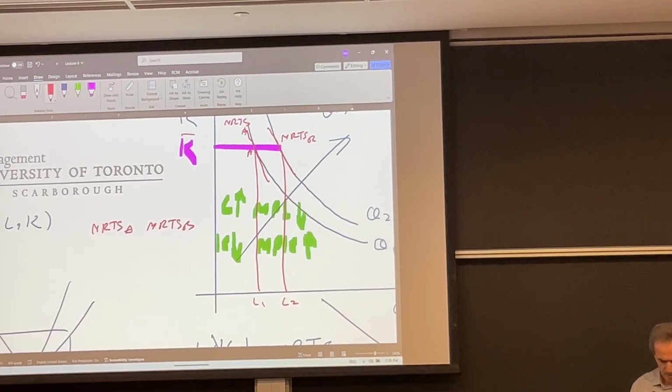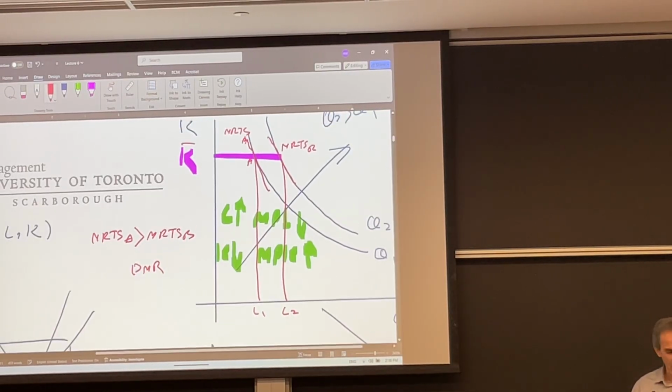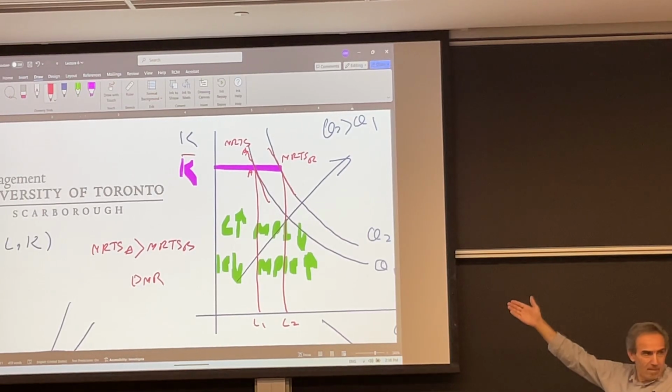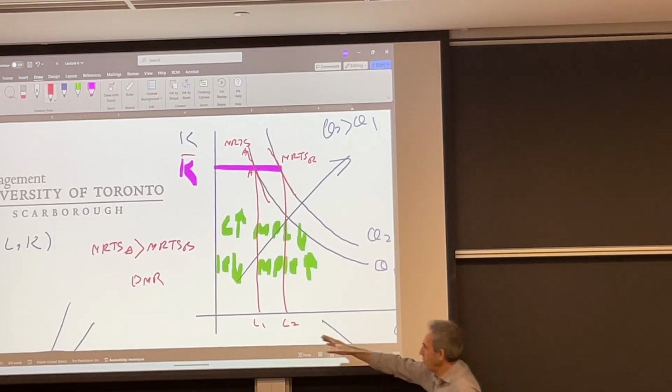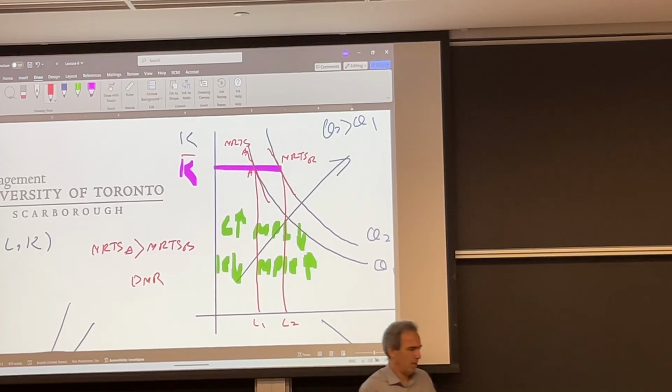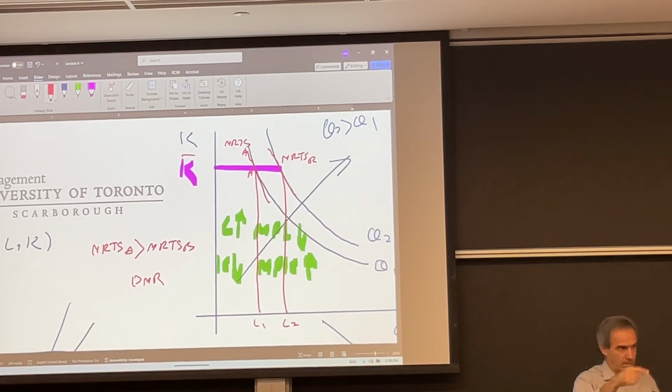This should be higher than this, due to, again, DMR. At point A, you use less labor versus point B. The capital is the same, you just use more labor. If you use more labor, the productivity of labor should fall. That's DMR.